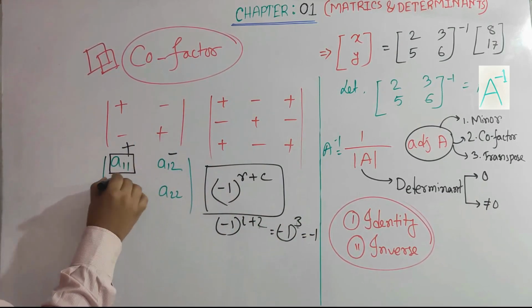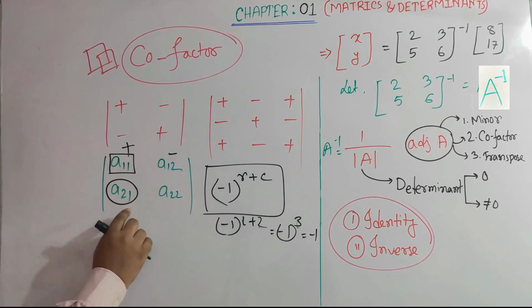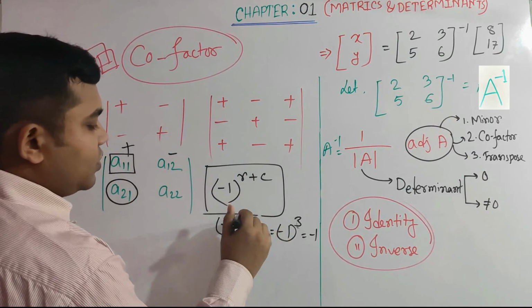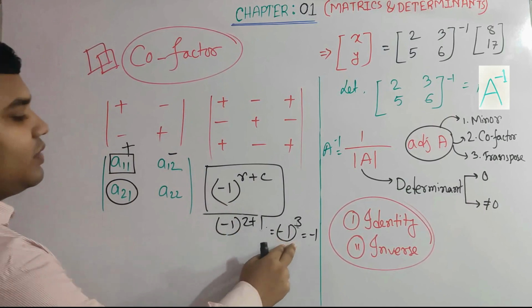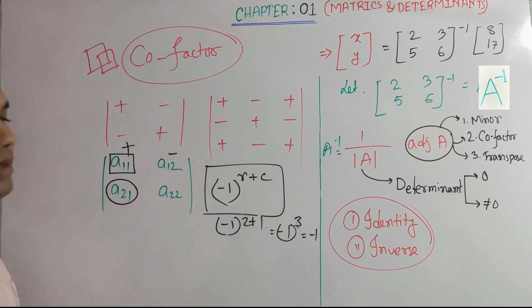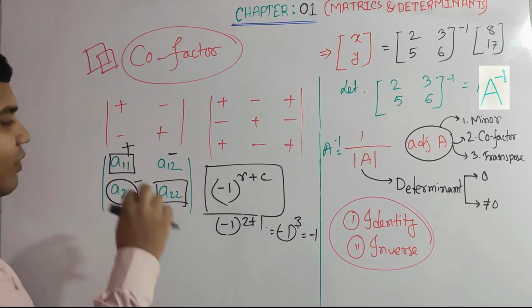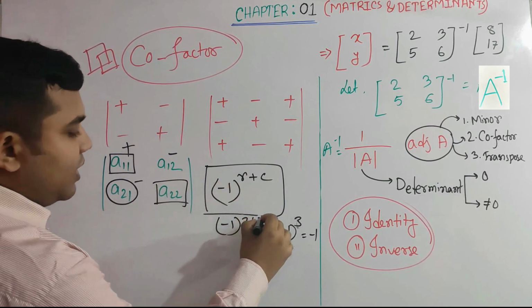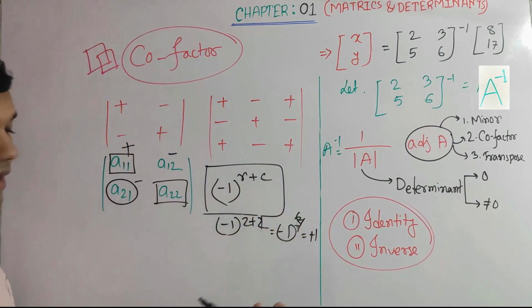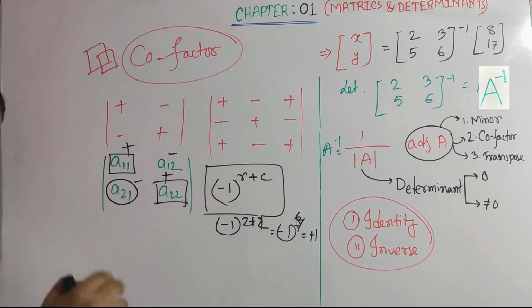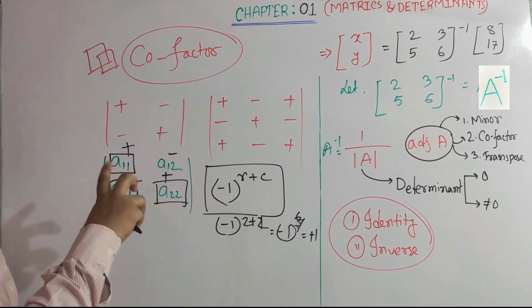For this position, it is 2 1, that means our row is 2 and column is 1, so it is minus 1 to the power 3, and again we get minus 1, that's why we give the minus sign here. And finally, why do we go for plus? Because 2 plus 2 must be 4, then we get the positive value, that's why we give positive here.